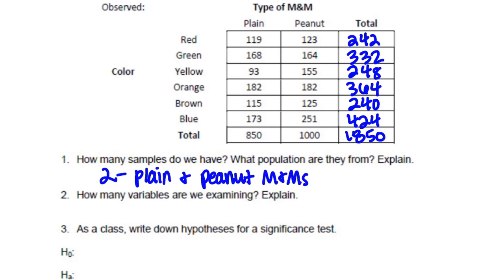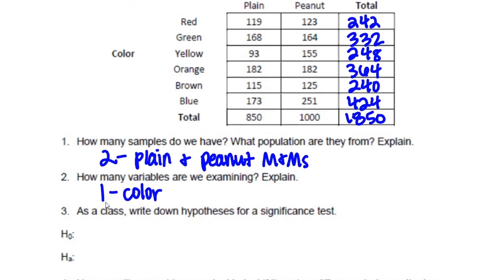And then of those 2 samples, we're looking at one variable, the color distribution. So not 2 variables, just one.